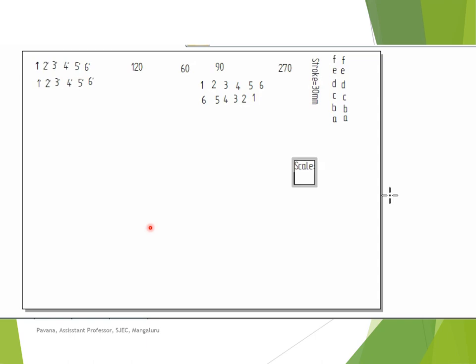So draw this in your book. Scale 1 centimeter is 20 degree. So follow the scale now. Once you understand, you can take your own scale and draw it. Okay, 1 centimeter is 20 degrees.